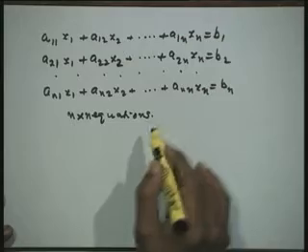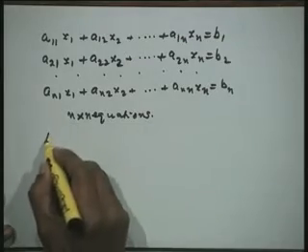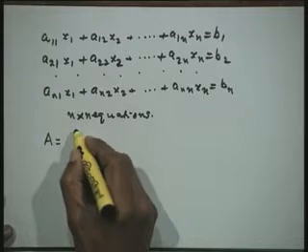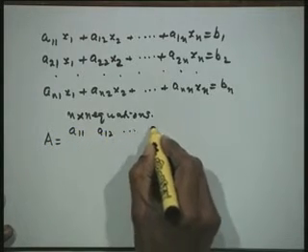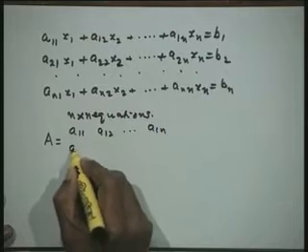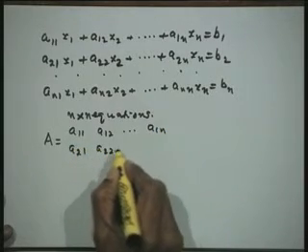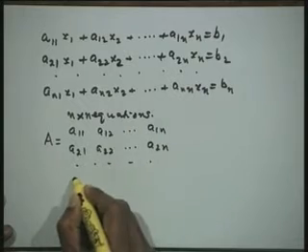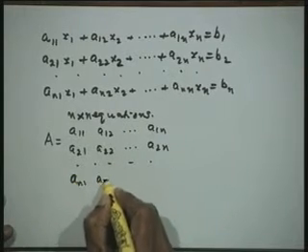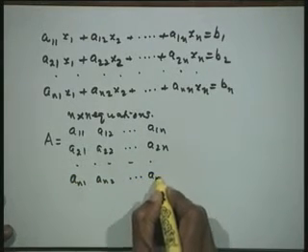Now in order to have a discussion on this, let us write in the matrix representation. So what I would write is the matrix A as a coefficient matrix: a11, a12, a1n; a21, a22, a2n; an1, an2, ann.